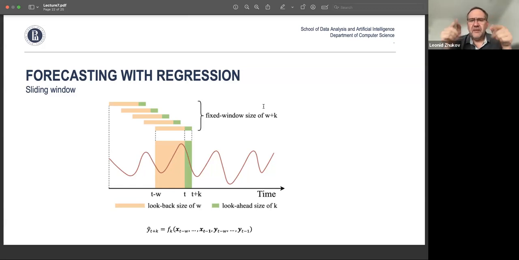Based on that, you build your regression model, but this will be a single model for all the positions of this window. So this window slides through the time axis, and that creates the model matrix for you.